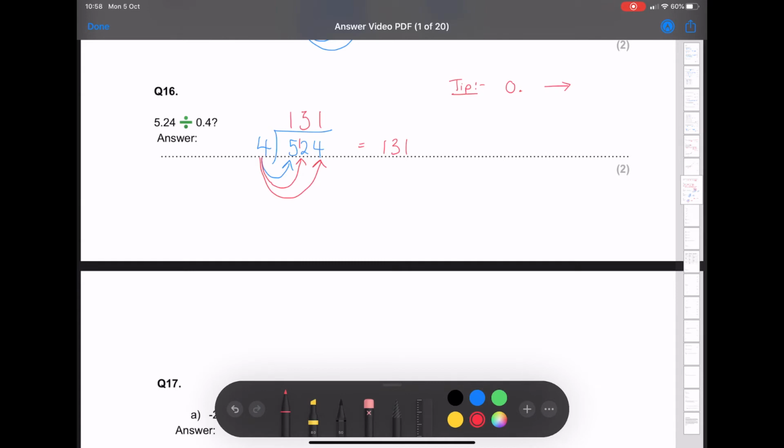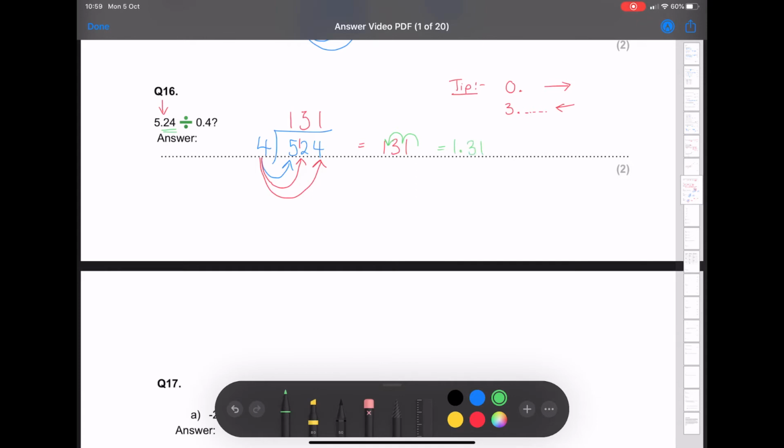If I have a number here, 3 point something, okay, it tells me how many spaces I'm going to move that way, which I know sounds weird, but if we look at this one here, this 5.24 shows that I will actually move my decimal 2 places in. 1, 2, because there's 2 here. Okay, so that would give us the answer 1.31.